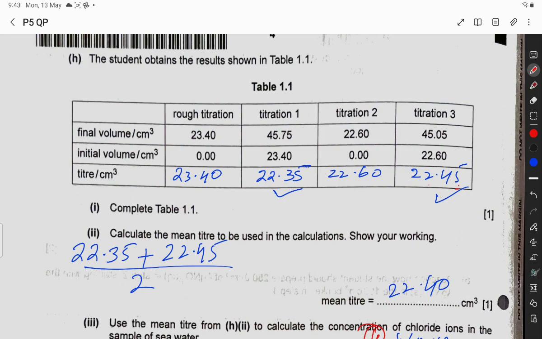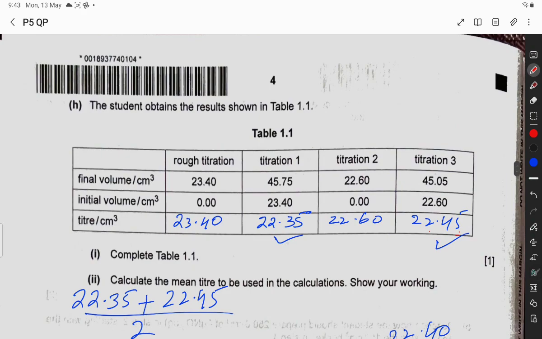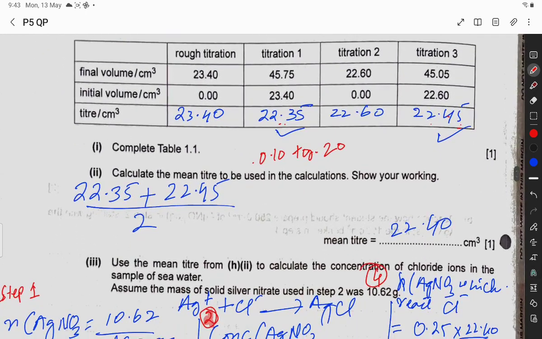So these are the two best titrations. In the titration volume, the difference should be not more than 0.10 to 0.20. So that's why these two volumes are used.